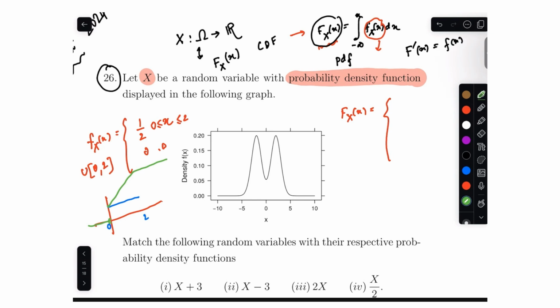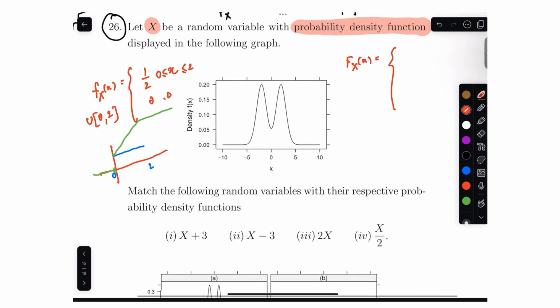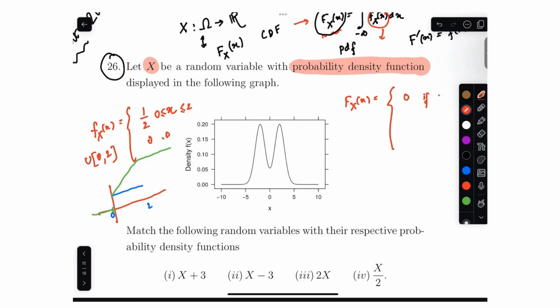So you can define it as 0 if x is less than 0, and then x, or I think it's 2x, yeah, 2x if x is less than or equal to this. Is it 2x? Probably x is, let me think.